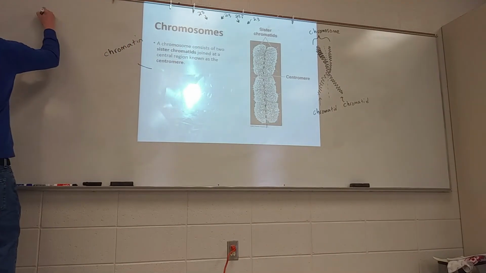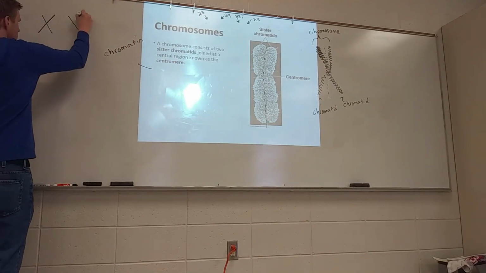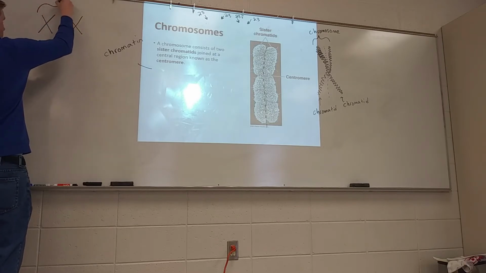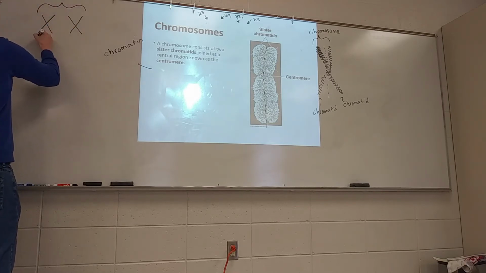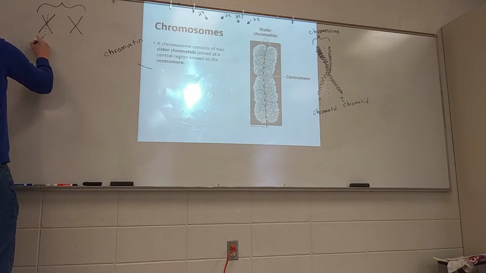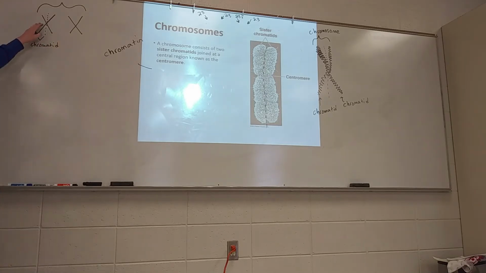So, this is a pair of chromosomes. Half of one chromosome is called a chromatid. Each of these individually is a chromosome.